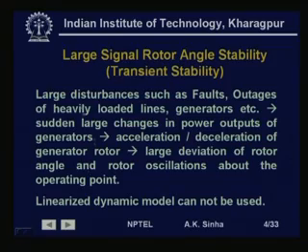As we said, this large signal rotor angle stability is popularly termed as transient stability. Now, large disturbances are mainly disturbances such as faults or short circuits in transmission lines or equipments. Outages of generators or heavily loaded lines also constitute large disturbances, because there is sudden large change in power flow in the system.